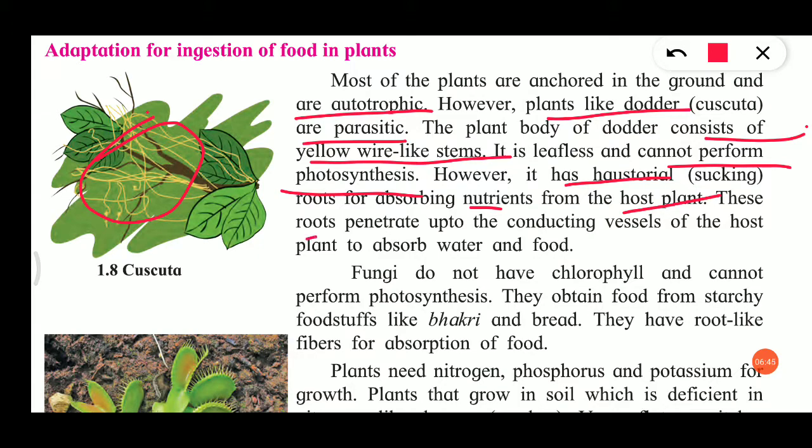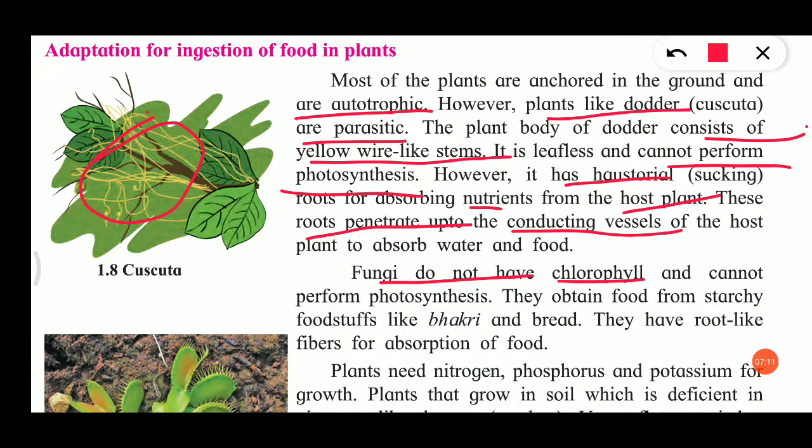These roots penetrate up to the conducting vessels of the host plants. Where do these roots penetrate? The conducting vessels of the host plant, and absorb water and food from that plant. Fungi do not have chlorophyll and cannot perform photosynthesis, therefore they don't make their own food.